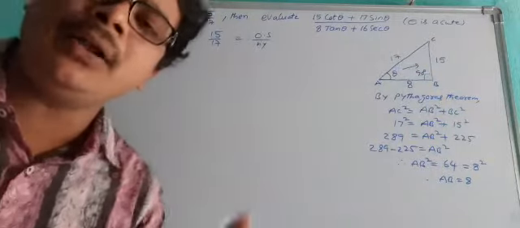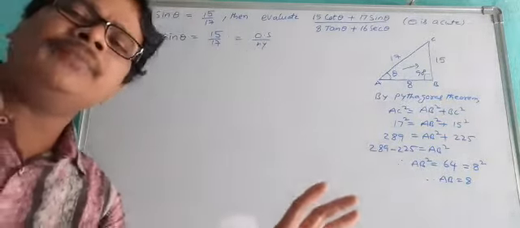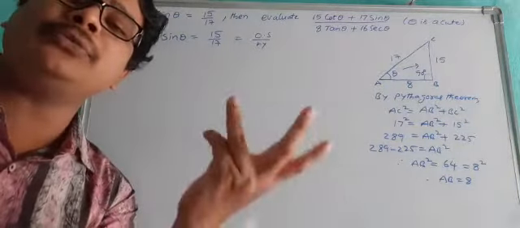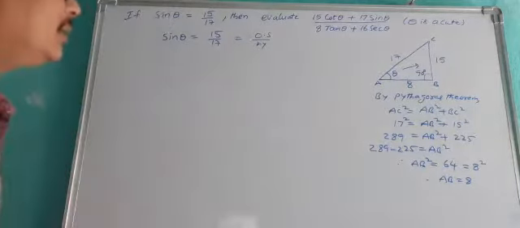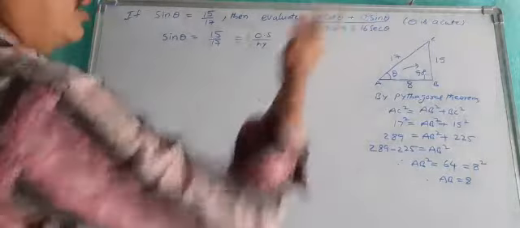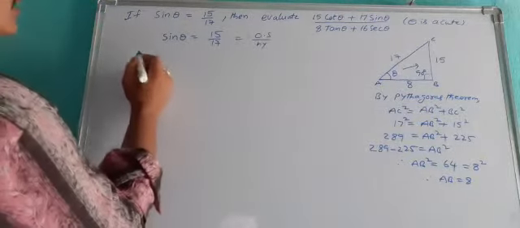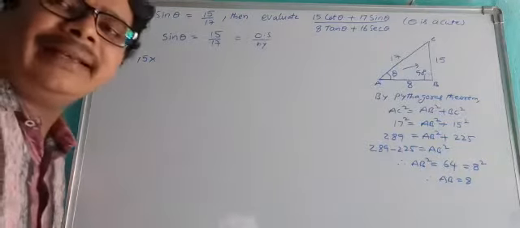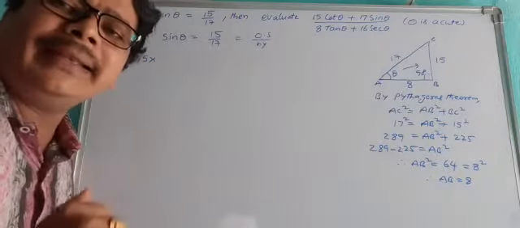So first of all, we have to find out all the values of the right angle triangle. What are they? Two sides and hypotenuse. Now we have to find out all these. So that equal to 15 into cot theta. What is meant by cot theta?